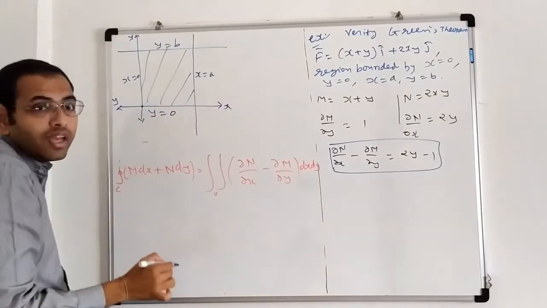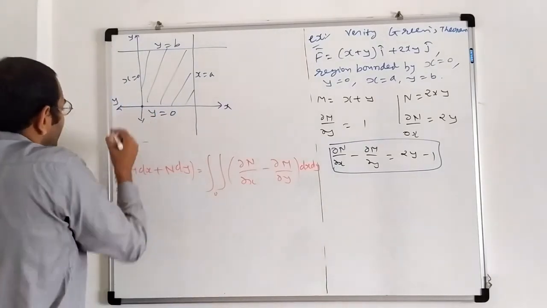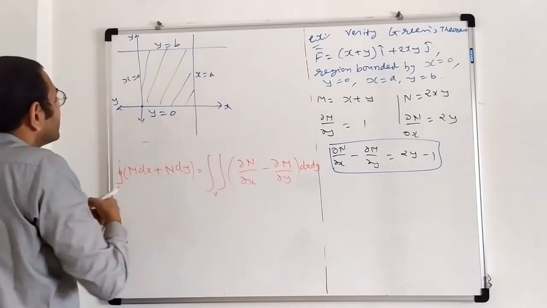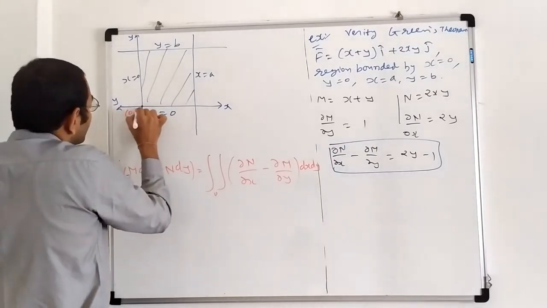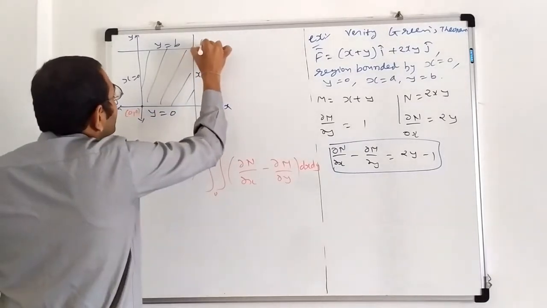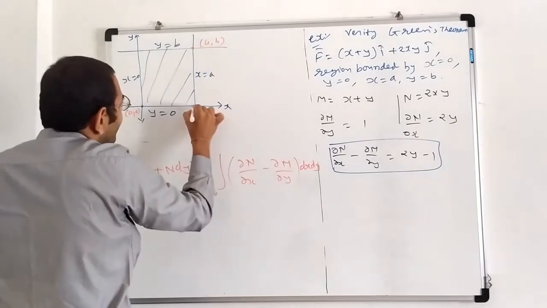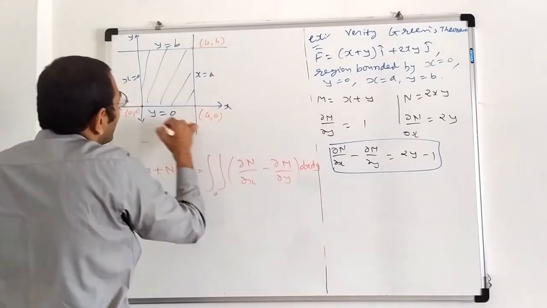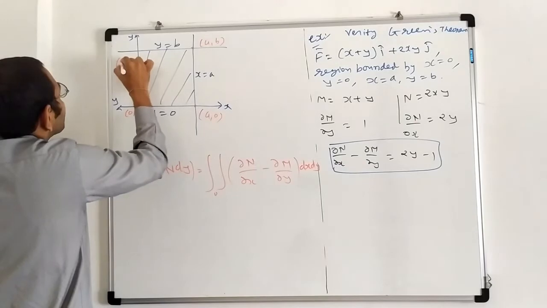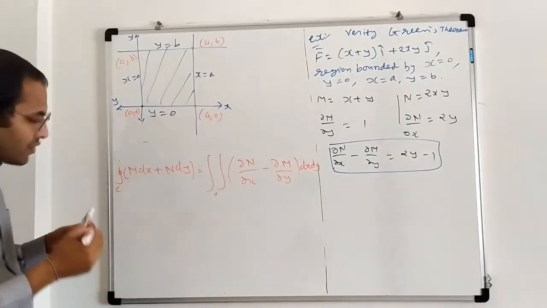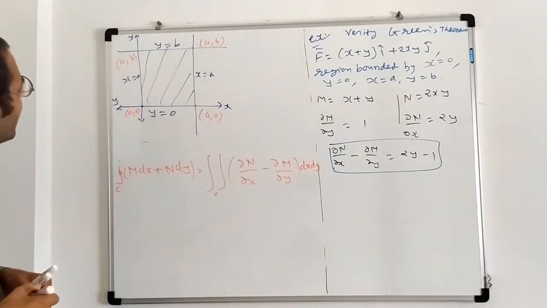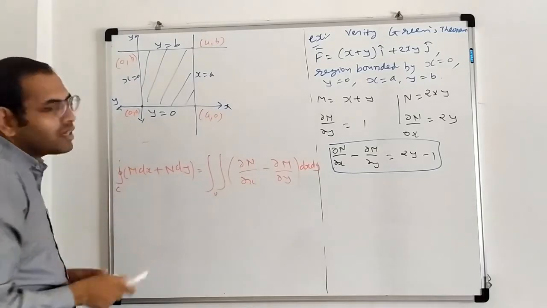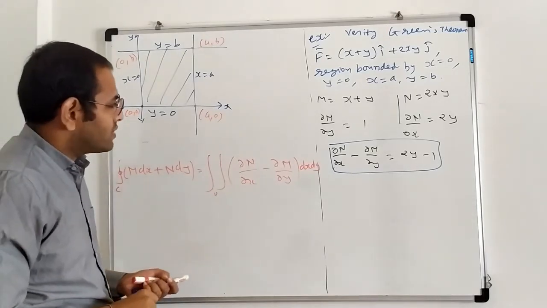Now we find the intersection points: this point is 0,0, this point is (a,b), this point is (a,0), and this point is (0,b). These four are the intersection points of the straight lines.